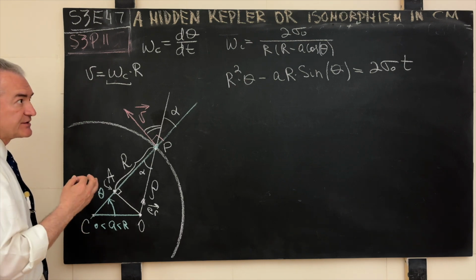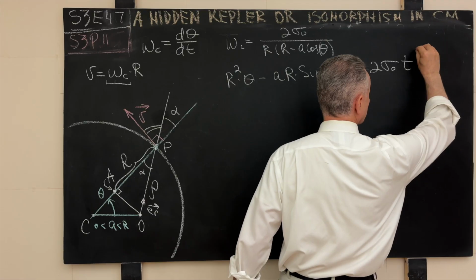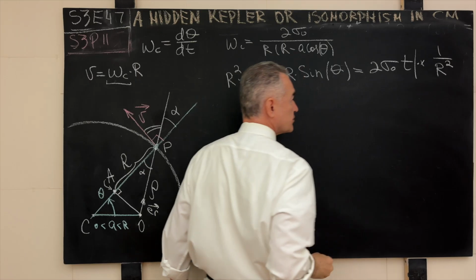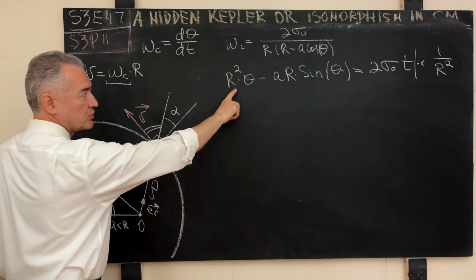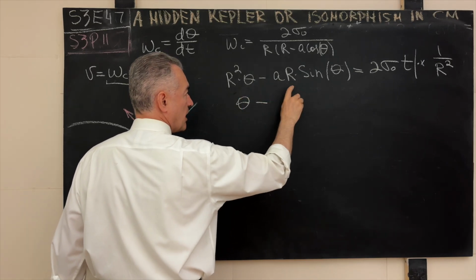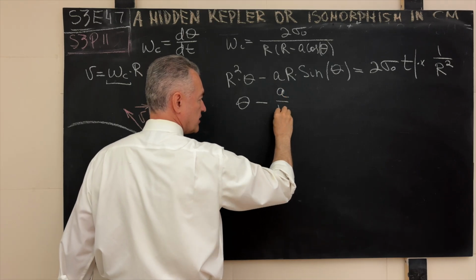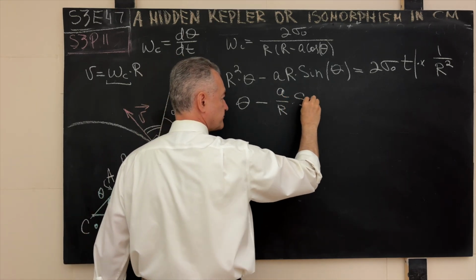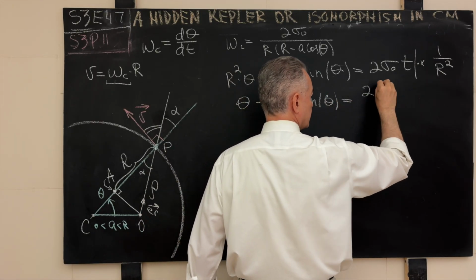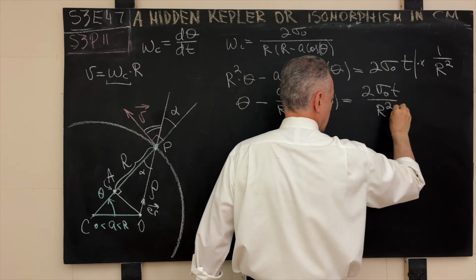So here, the next step is to multiply this equation through by the multiplicative inverse of r squared, and look at what happens once we do so. Here r squared cancels out, so we have theta minus one copy of r cancels out, so we have a divided by r times sine of theta, and on the right hand side we have 2 sigma 0 t divided by r squared.